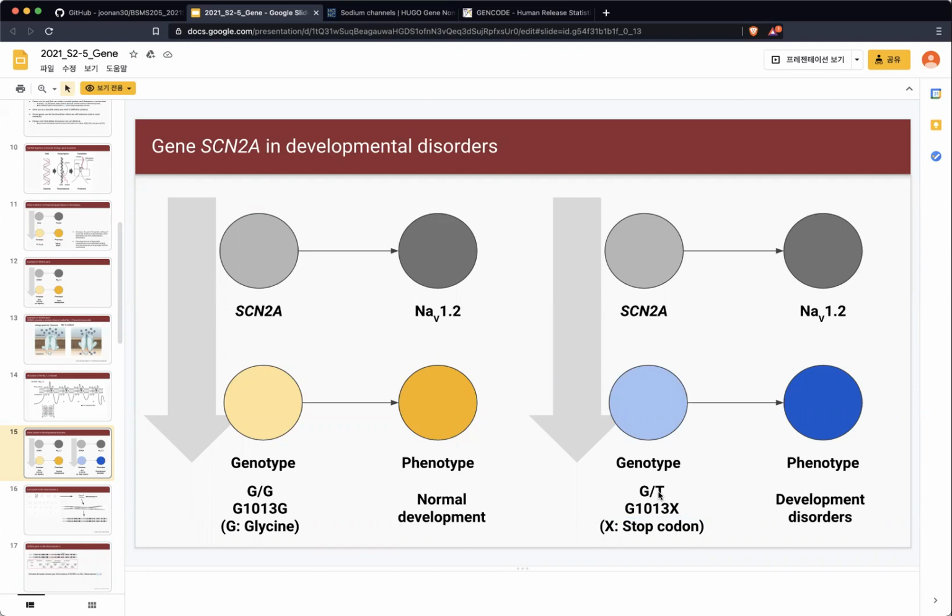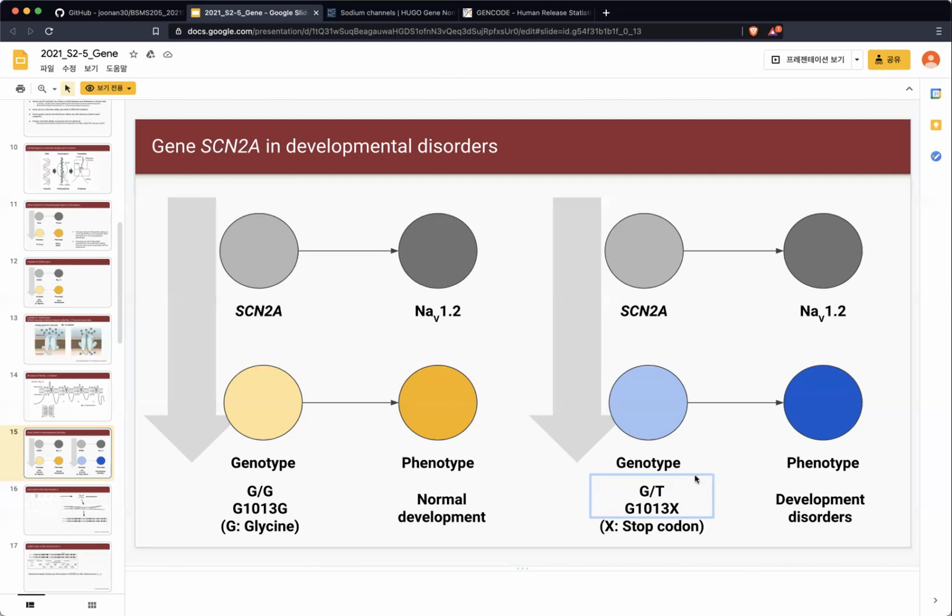The frequency of the G allele is way higher in the human population, and the number of individuals having the T allele is way smaller. But the frequency of the G or T allele has nothing to do with the concept of dominance. It only matters when we think about the molecular perspective, right?